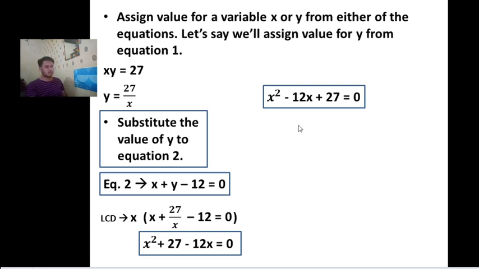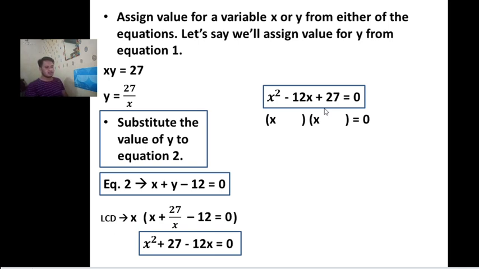Next, we will factor. So we have the factored form, x from x squared. Again, observe the sign of our last term. It is positive. So therefore, the signs of the factors are the same.